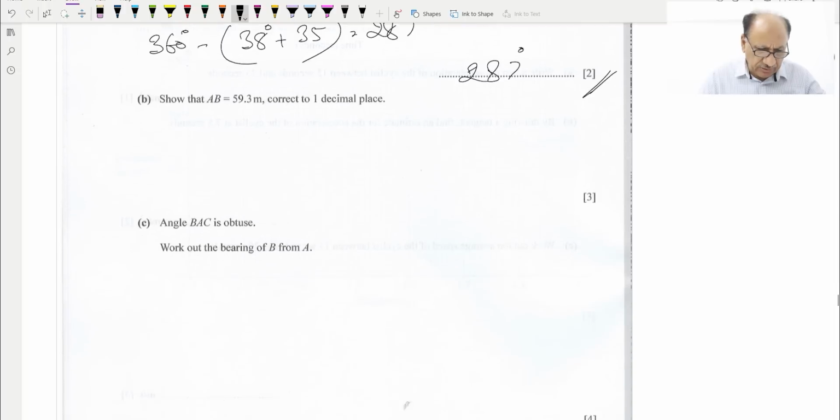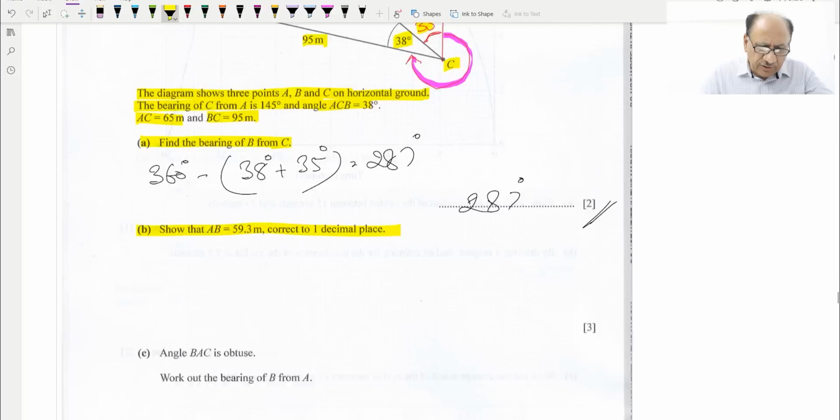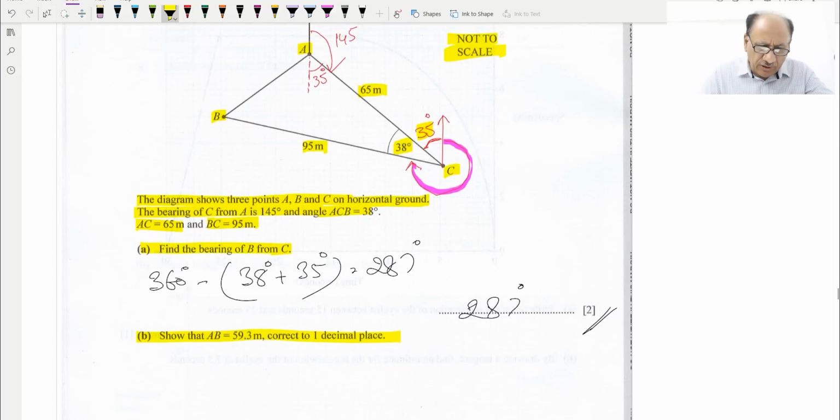Hopefully you understand this. So B part says show that AB is equal to 59.3, correct to one decimal place. So AB is required. We'll be using cosine rule, and basically this side is required. So the opposite angle we will be taking is 38.